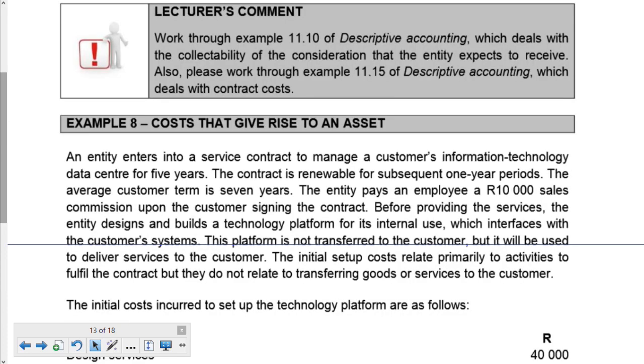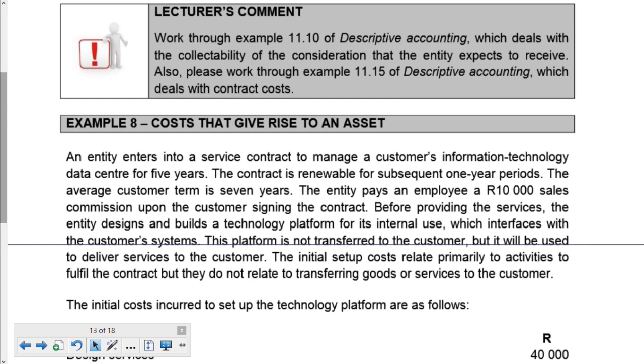We can quickly have a look, I suppose, at the example. So they say an entity pays an employee 10,000 Rand sales commission, signing a contract which goes for 5 years. So it's a 5-year contract, renewable for 1-year periods, and they paid a 10,000 Rand commission. Before providing the service, they build a technology platform.